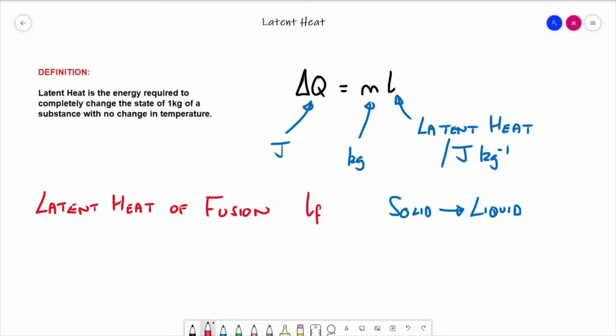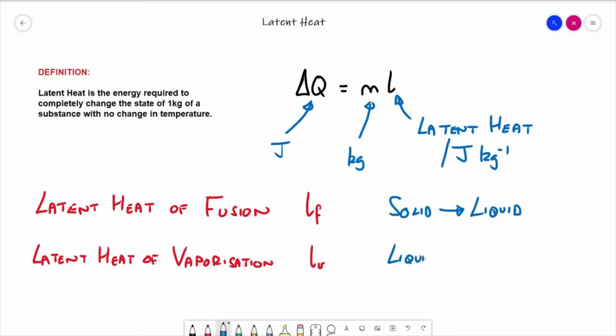For liquid to gas, we have the latent heat again, but this time it is of vaporisation, and we use an L with a subscript V, and that is for liquid to gas.